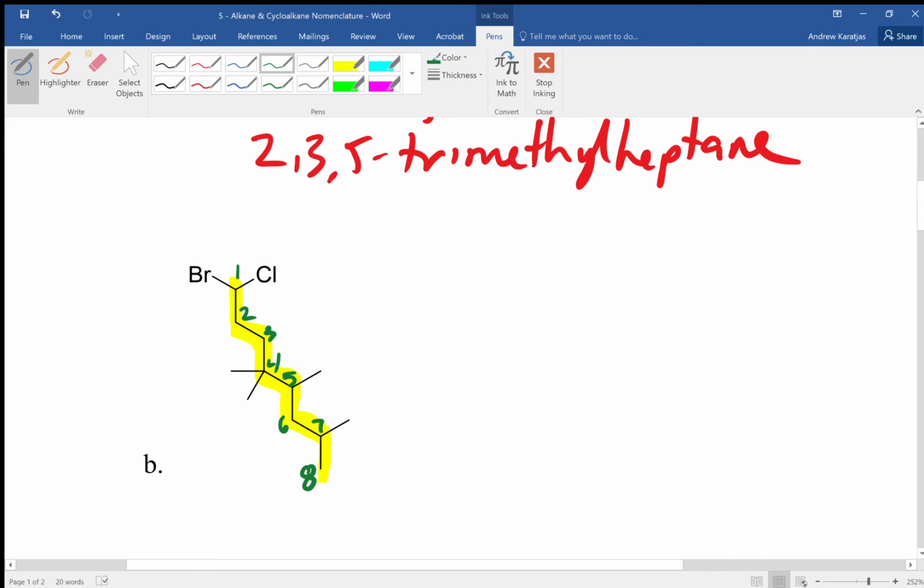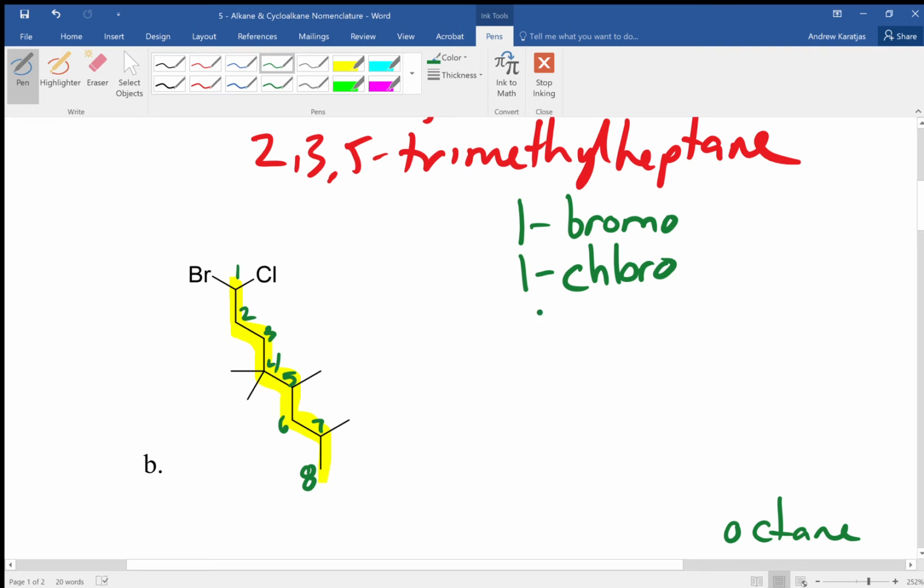So with 8 carbons, we know that this is an octane. We can start naming the substituents. At 1, we have a bromine, or bromo. At 1, we also have a chlorine, which gets named as chloro. And then we have a bunch of methyl groups.